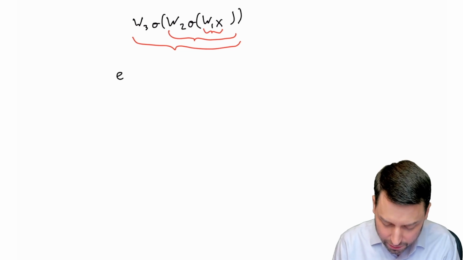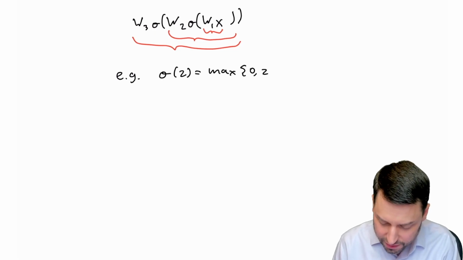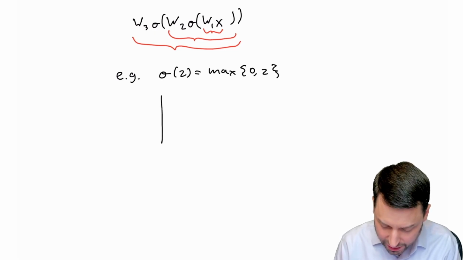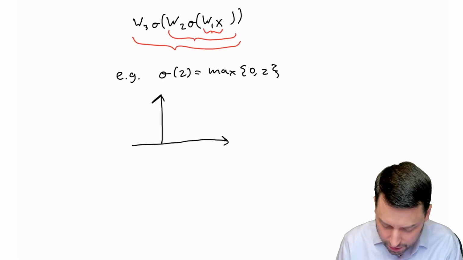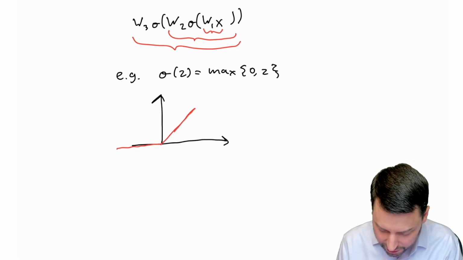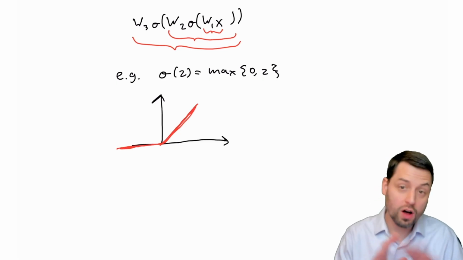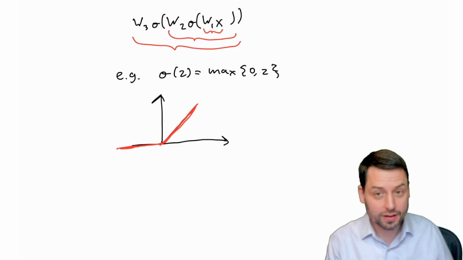So let's say that sigma of Z equals the max of 0 and Z. Again, that's just this function that looks like this. It is 0 up until this point, and then just a linear line there. If we make this our nonlinearity, this is a very common nonlinearity in a lot of networks.